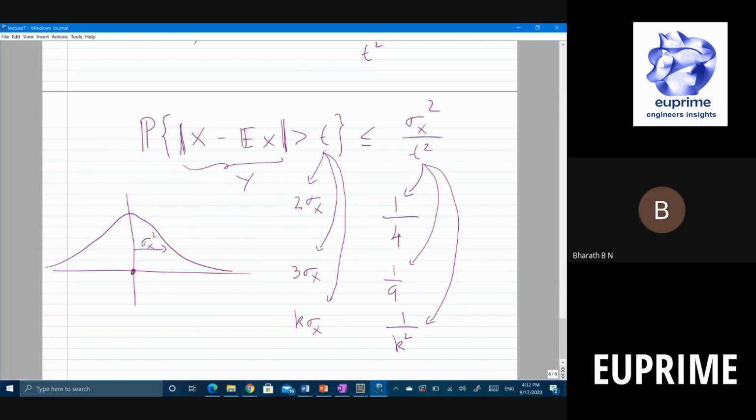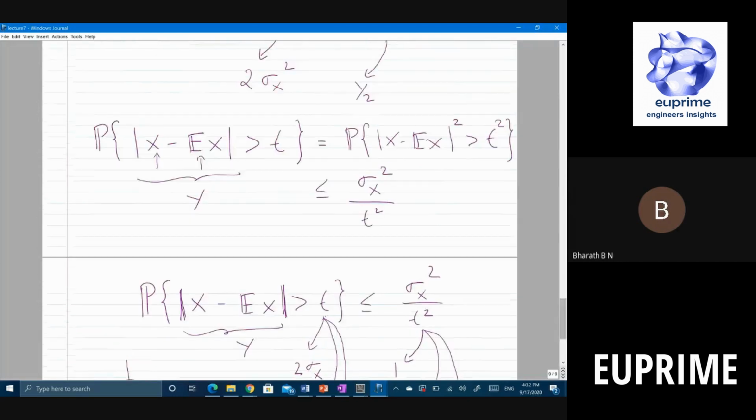For example, if the mean is 0, and the spread is measured by sigma x, if my distribution is really skewed like this and the spread is less, the chances of me deviating from 0 is also less. So the point here is that you are only considering the fact that the variance is finite, and you are not using any other information about the distribution, right?